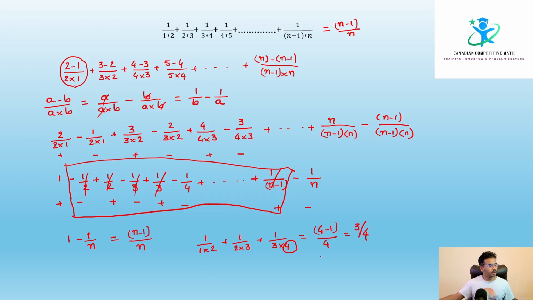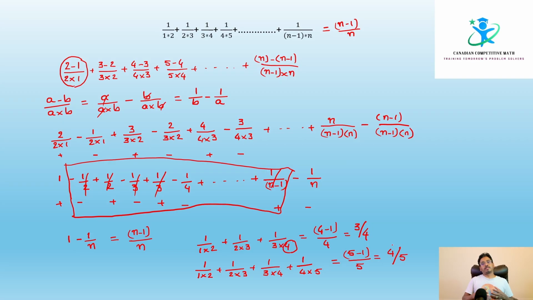Right? If it is up till 1 by 4 times 5, this will be 1 by 1 times 2 plus 1 by 2 times 3 plus 1 by 3 times 4 plus 1 by 4 times 5, n will be 5. So this will become (5 minus 1) by 5, which is equal to 4 by 5.